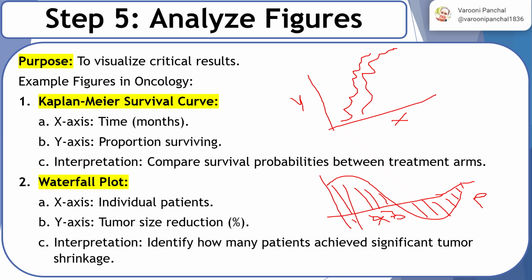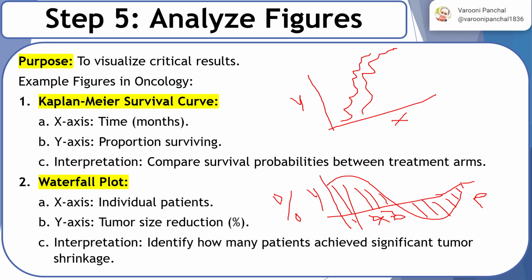And this is my tumor size reduction, which is generally in percentage form, percentage change from baseline. So how much has the tumor reduced, right? Generally we present the waterfall plot in decreasing order of reduction.